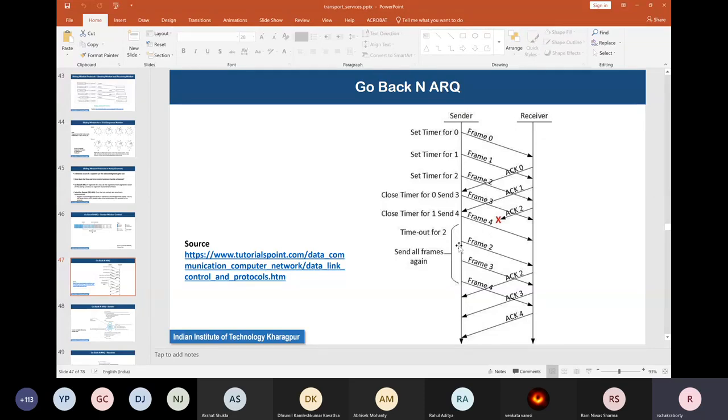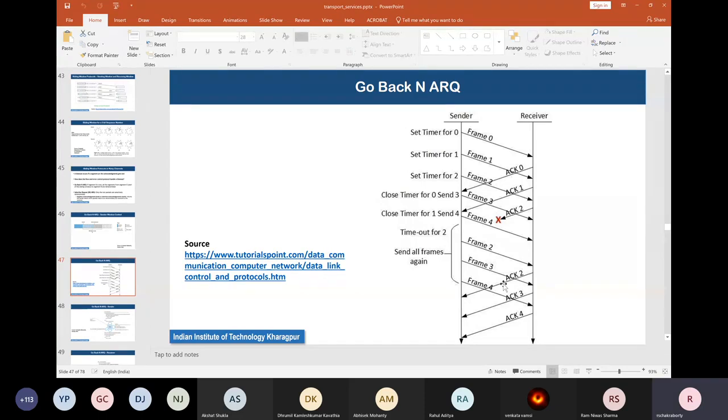So when the frame 2 timer timed out, it is go back N. Go back N becomes very nervous. It says something that I had sent out earlier, for that a timeout has happened, so I have to resend that frame, no doubt.